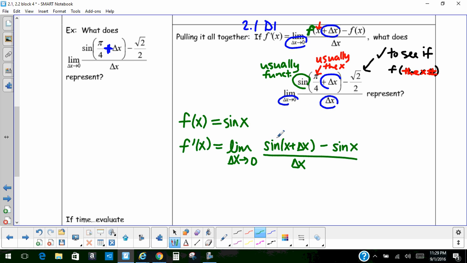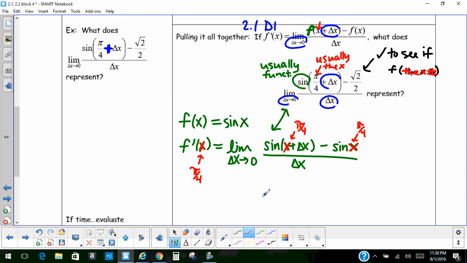Well, now try to compare these two. Are they the same? Well, no, they're not exactly the same, but I see some parallels. Then if I come back and I try to replace these x's with what I told you, usually this is the x you're interested in. What if I try to replace that with pi over 4? And I try to replace that with pi over 4. Then I would also have to come over here and replace this with pi over 4.